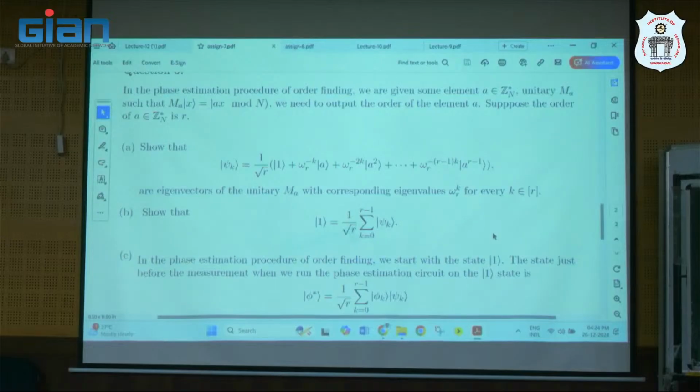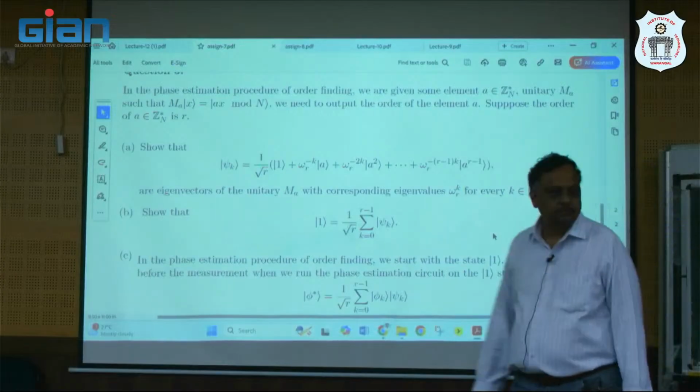This summation here, we wrote as the inside summation. And then there is also another 1 over square root r. So there is this. Agreed? This summation over k, then the inside summation is over j. J is increasing from 0, 1, 2 all the way to r minus 1, a to the j. Correct? Yes?